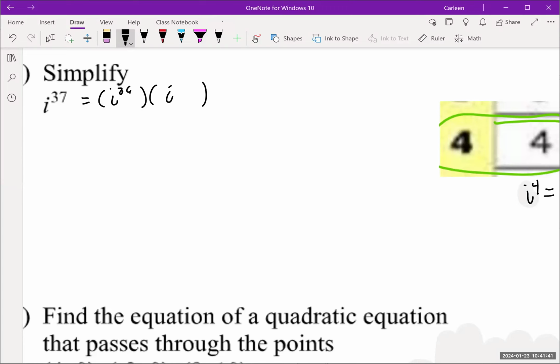If I have i to the 36, I know that I add those exponents. So 36 plus what equals 37? 1. Yeah. So an i to an exponent that's a power of 4 equals 1.